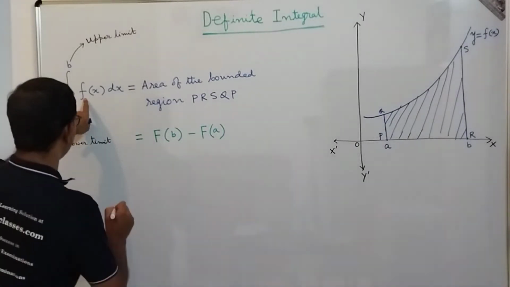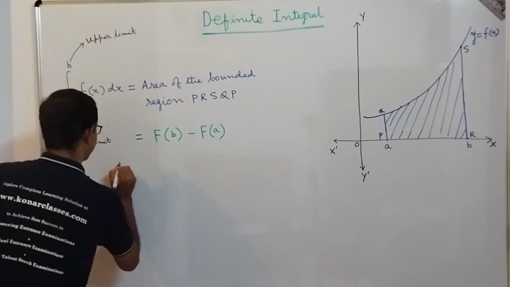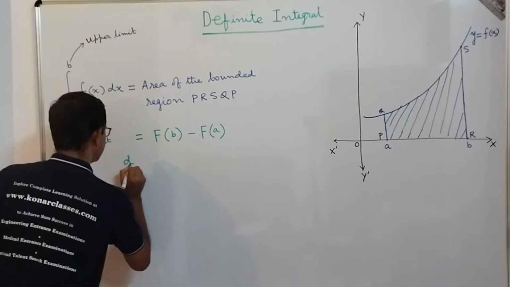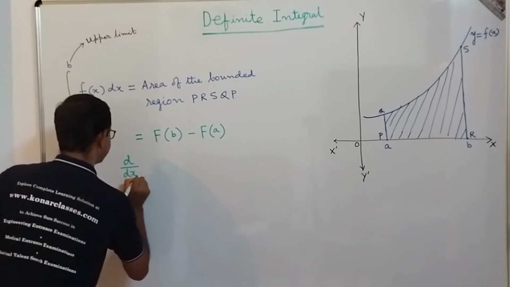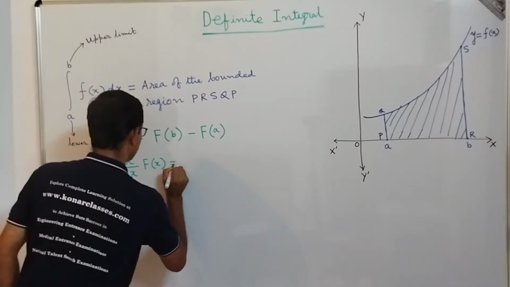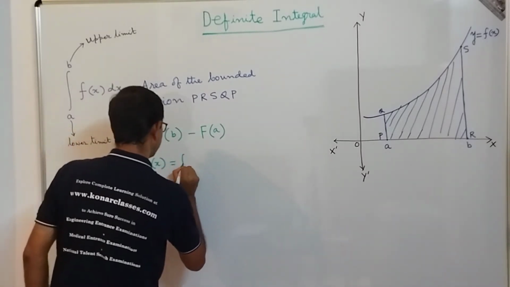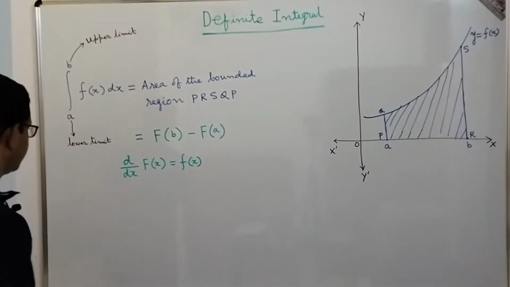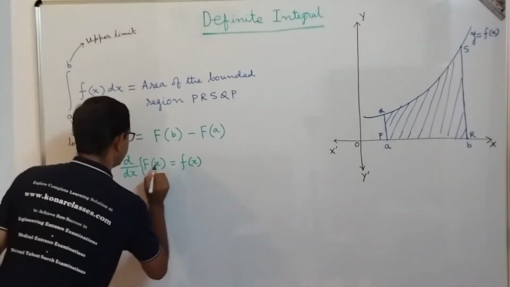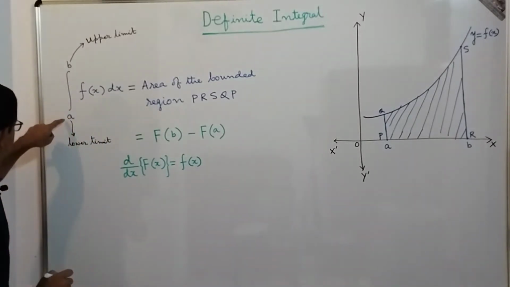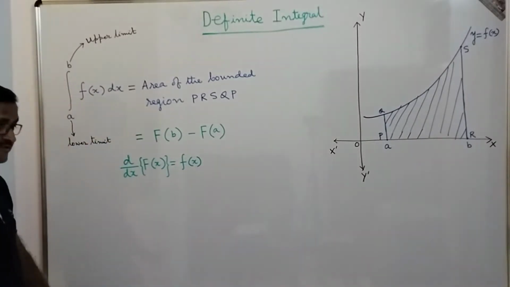That means d/dx of capital F(x) is equal to lowercase f(x). Correct, dear students? So did you get it? This is the way also we can find the value of the integral from a to b of f(x) dx.